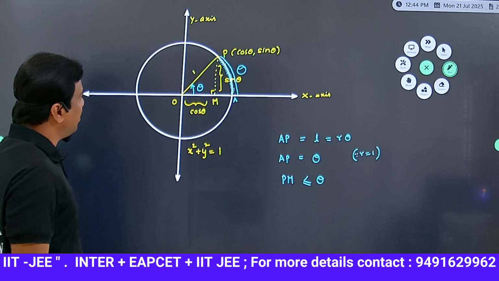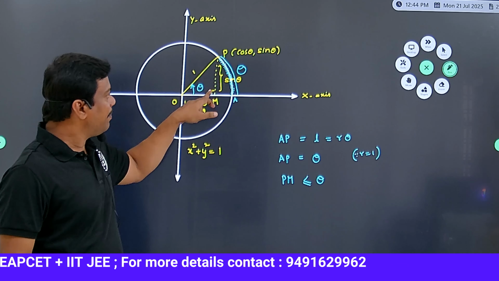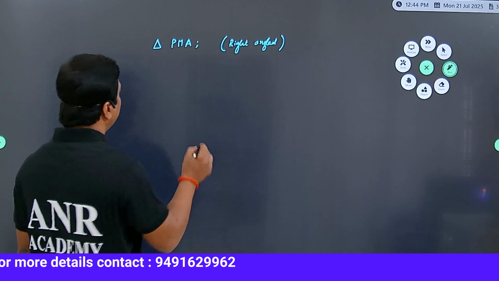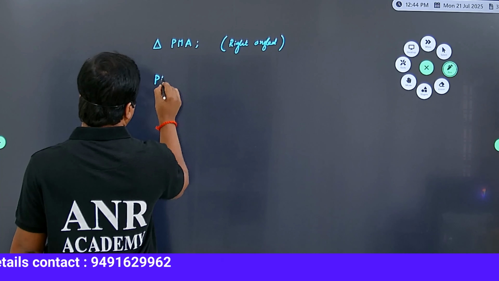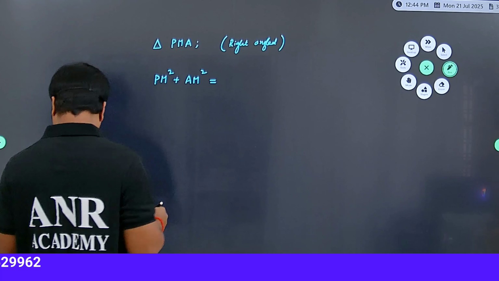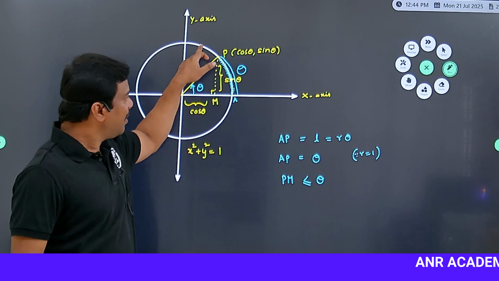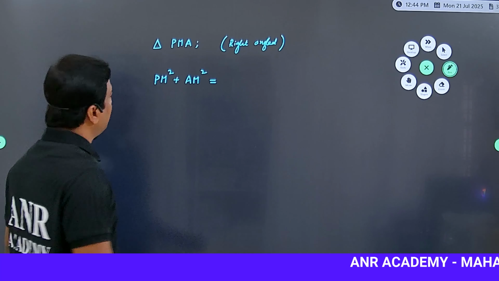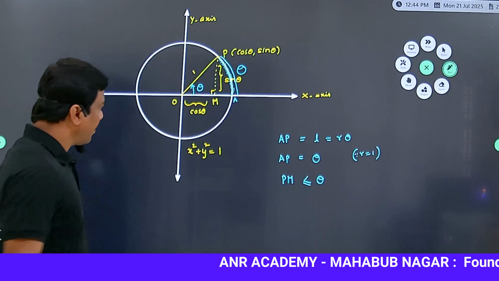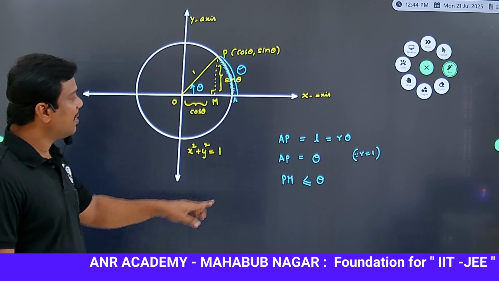I am applying the Pythagoras theorem. In this PMA, hypotenuse PA, height PM, base AM, so that we get PM square plus AM square, which is equal to AP square. And here AP is clearly theta.